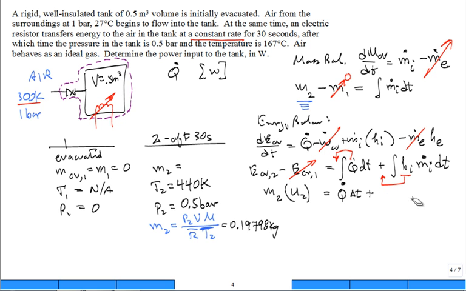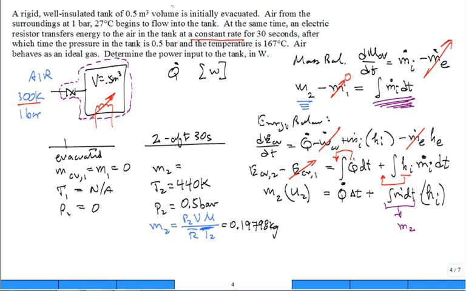Here, this is the integral m dot dt times enthalpy in. True? And guess what the integral m dot dt is? m2. So this is simply the final mass in the control volume.